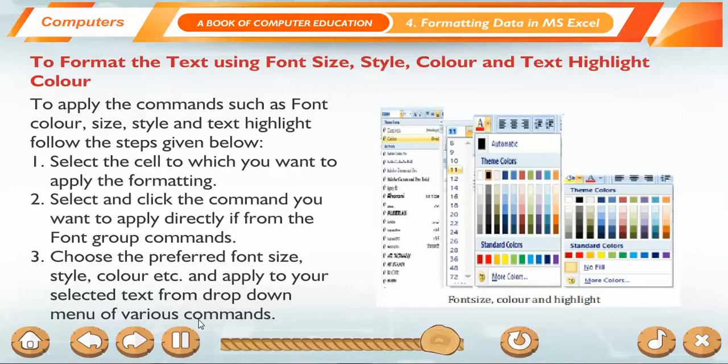Select and click the command you want to apply directly from the font group commands. Choose the preferred font size, style, color, etc. and apply to your selected text from drop-down menu of various commands. You will see the selected format gets applied to the selected cell.